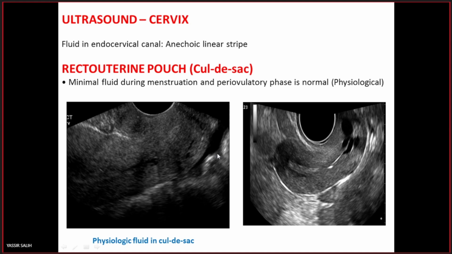It's a physiological accumulation of fluid in the pouch of Douglas. It can be seen during the menstruation, or peri-ovulatory phase, and also in the early pregnancy. But this is physiological fluid in the pouch of Douglas.